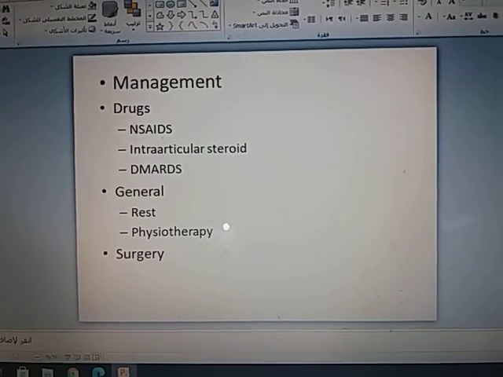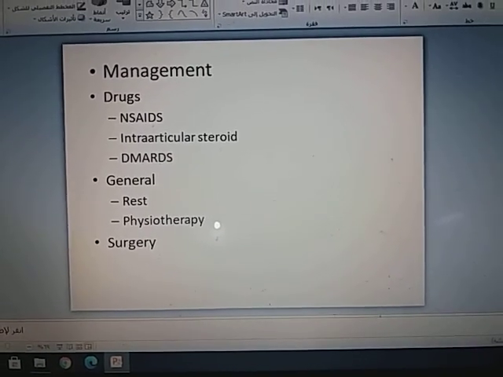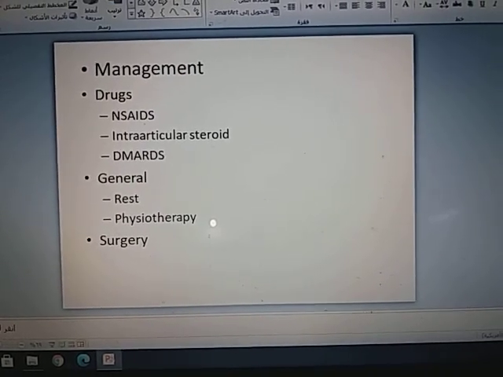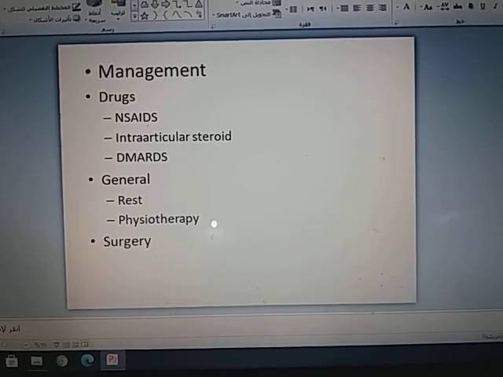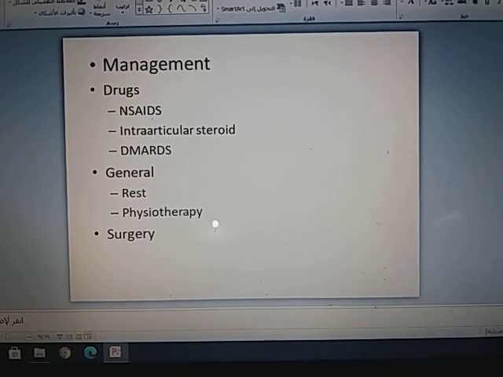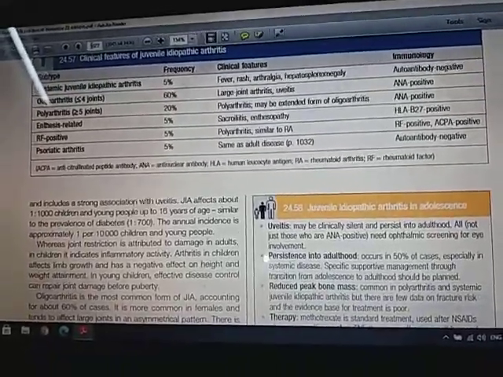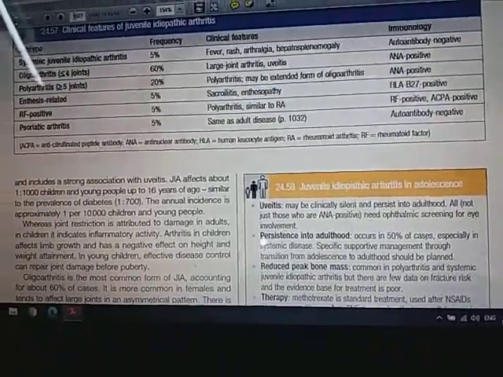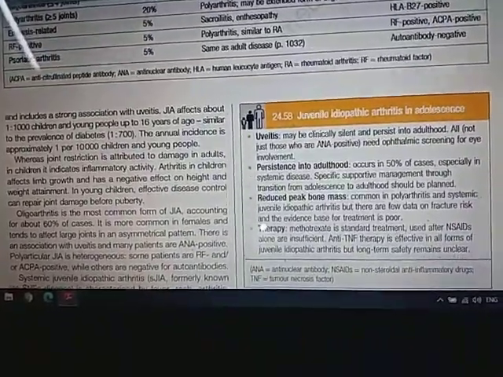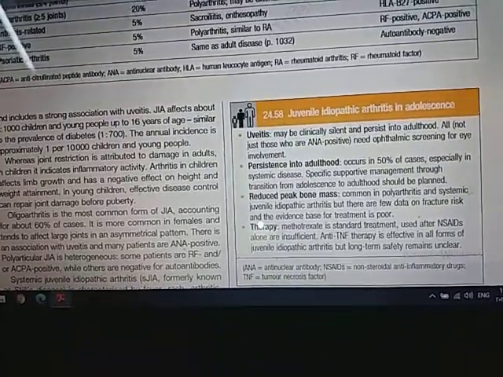The management of juvenile idiopathic arthritis is by the general measures, rest and physiotherapy, and by the drugs: non-steroidals, intra-articular steroid, and the use of disease-modifying antirheumatic drugs. Oligoarthritis is the most common form of juvenile idiopathic arthritis, occurring in about 60% of cases.